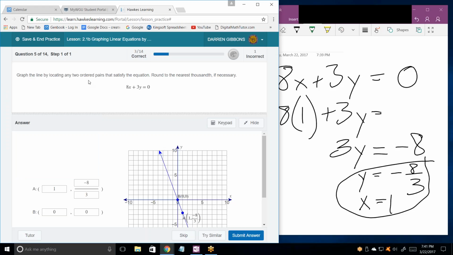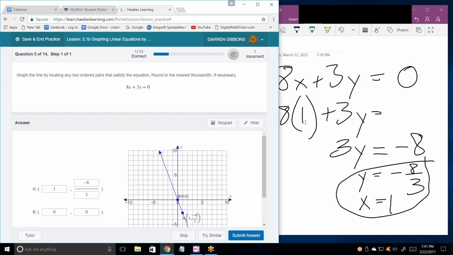So really that first point could be anywhere then, right? Well, it's got to be on that line. Are you talking about the point 1, minus 8/3? Yeah, I could have picked anything I wanted for x. In other words, we're looking at an equation that has an infinite number of solutions.